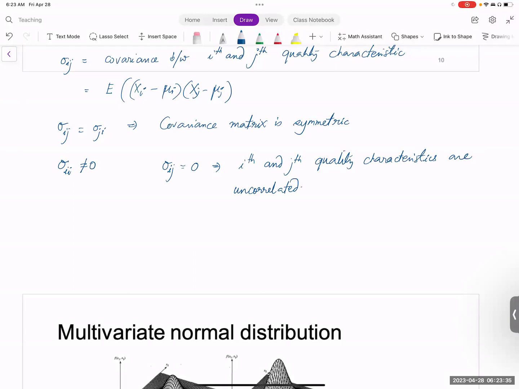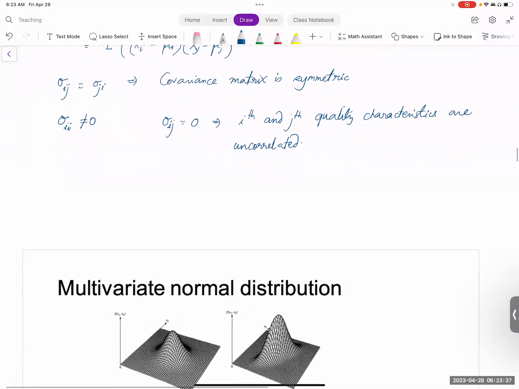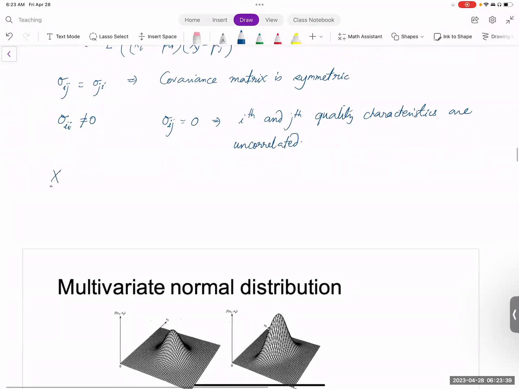Now, we can compress all of this information into the notation that X follows a multivariate normal distribution with P dimensions, mean mu under bar, variance sigma.